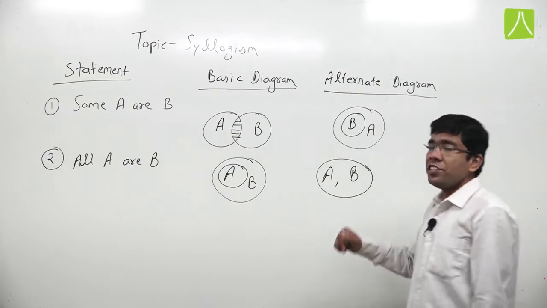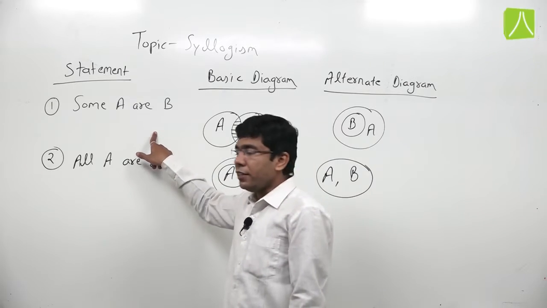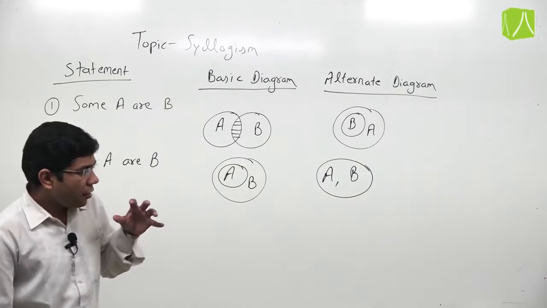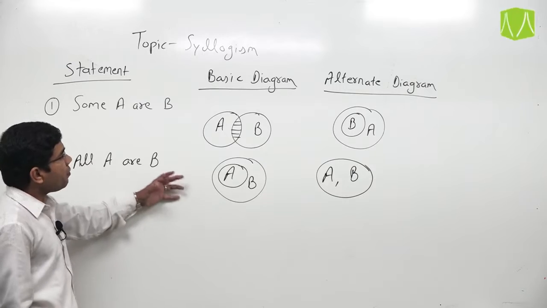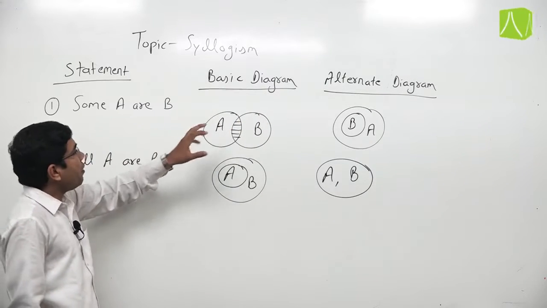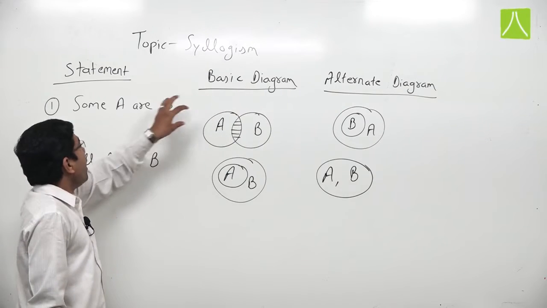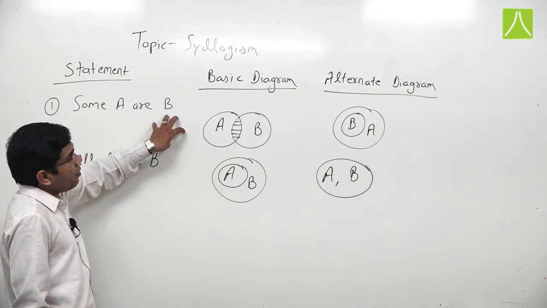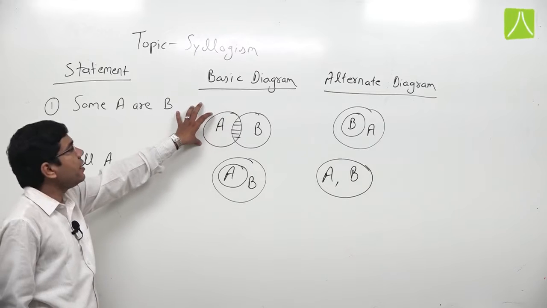Suppose a statement is given: some A are B. For this topic, we divide the diagram into two types, basic diagram and alternate diagram. The definition of basic diagram is this: as the statement says, we have to draw it as it is in the diagram.